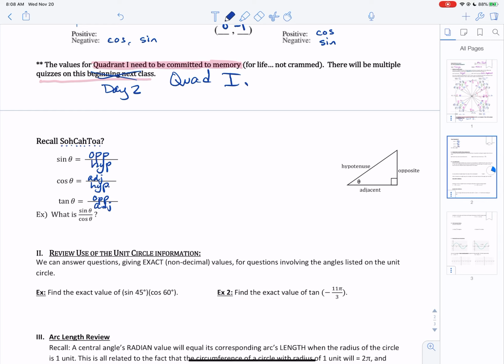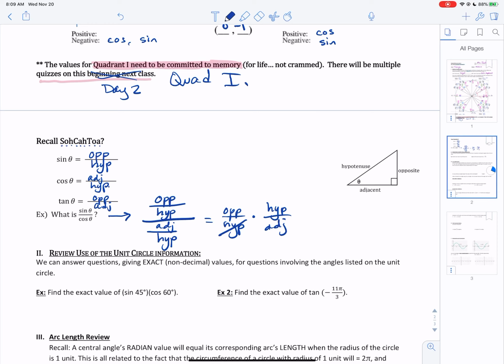Okay, so using that idea, what would be sine divided by cosine? So sine is opposite over hypotenuse, and cosine is adjacent over hypotenuse. If we look at that, then using the idea of a fraction divided by a fraction is keep, change, flip, we can do opposite over hypotenuse times hypotenuse over adjacent.